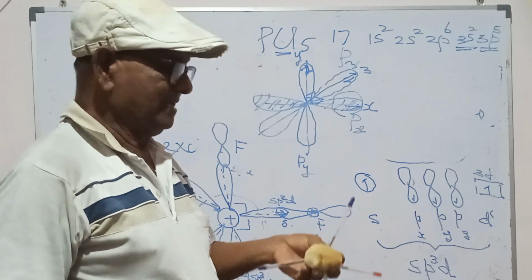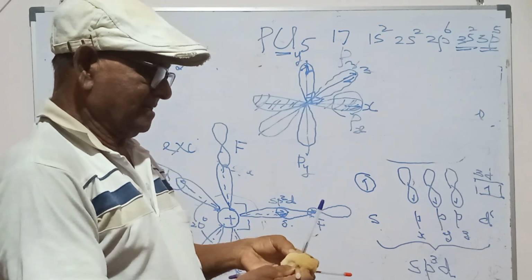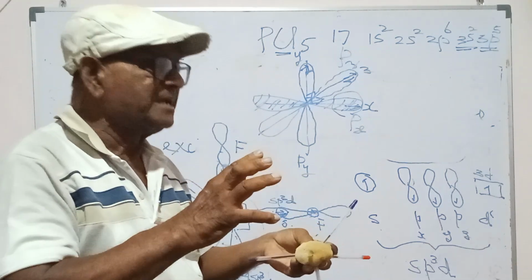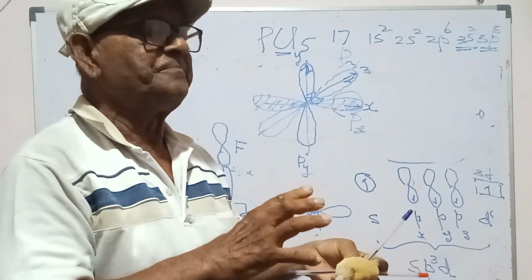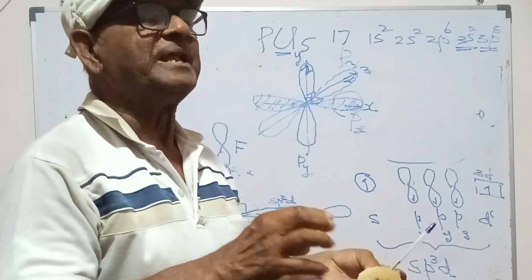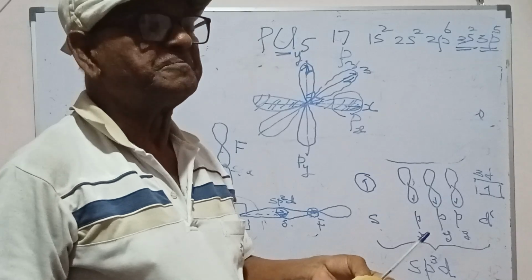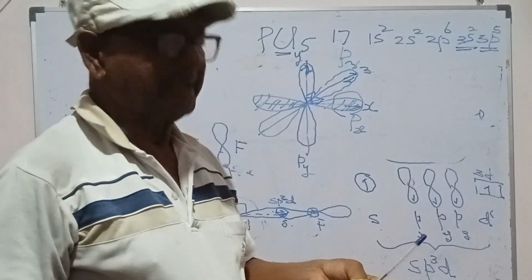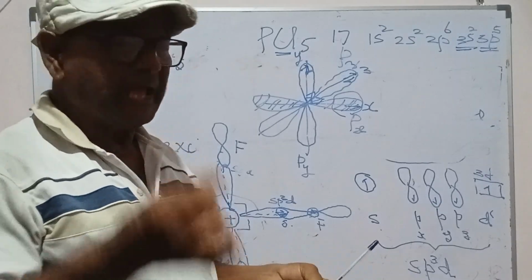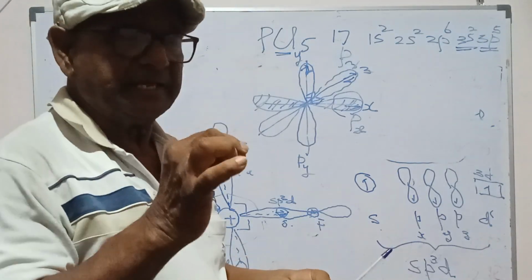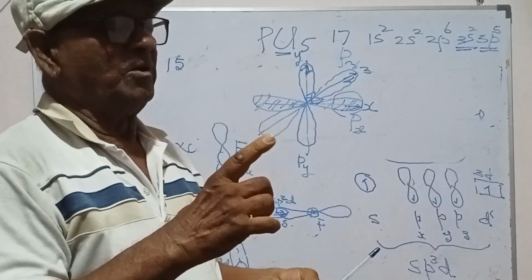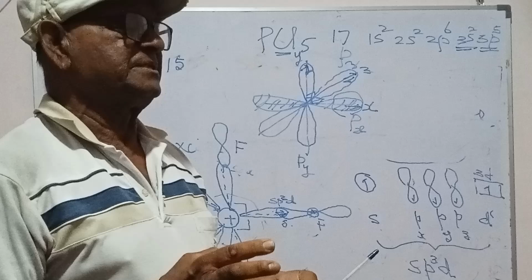Then, not in detail, but that subject matter you must know about the sp3d type of hybridization related with phosphorus, right? Then we have to study only one more type of hybridization. Altogether five types.